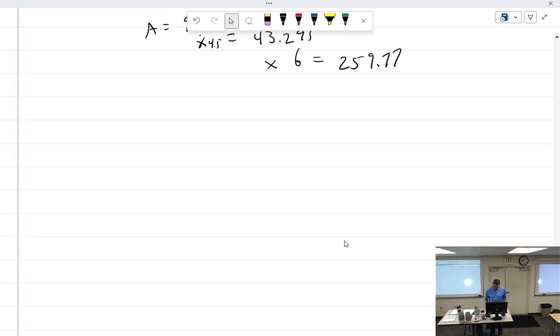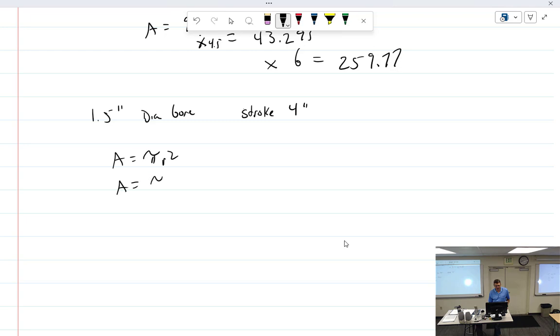All right. What is the piston displacement of a master cylinder with a 1.5 inch diameter bore? They're nice to give you the diameter of the bore, and a stroke of 4 inches. So area equals pi radius squared.